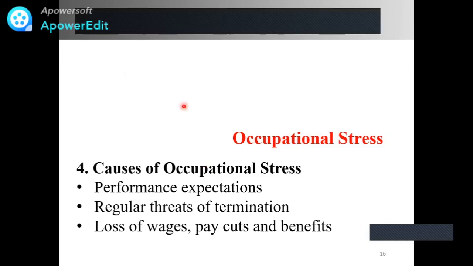Those are some examples of occupational stresses.